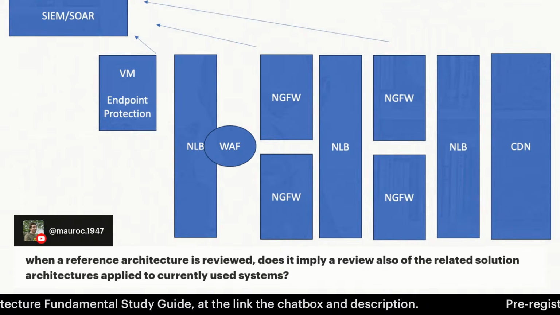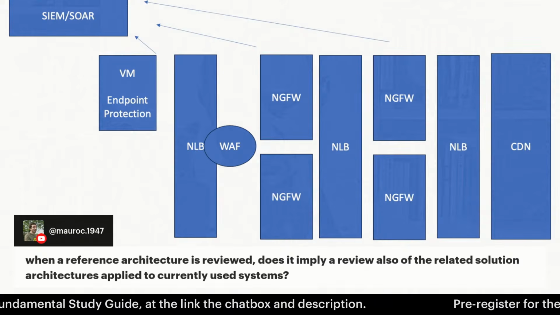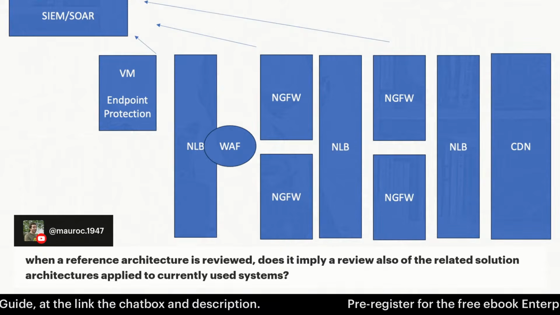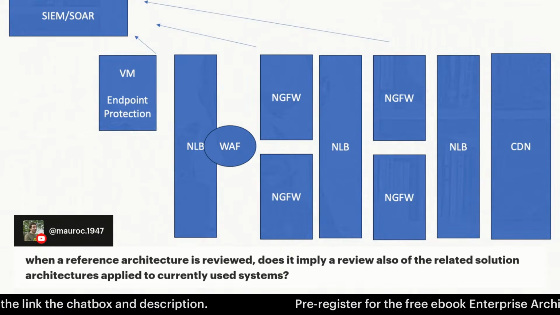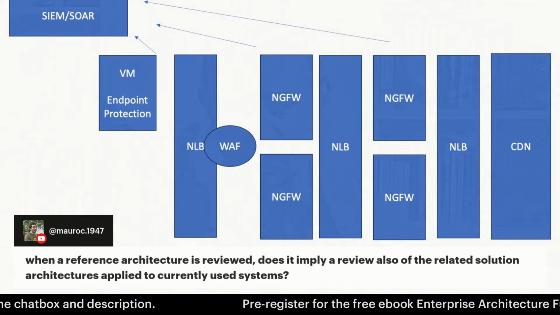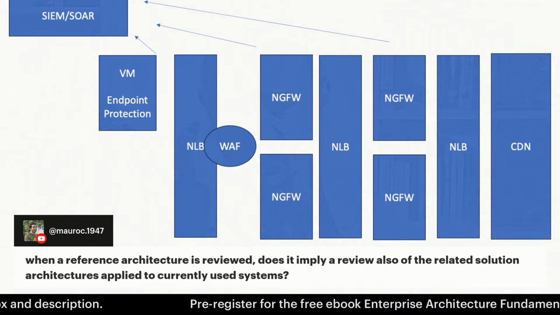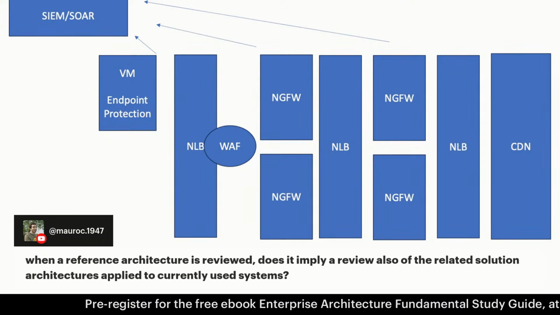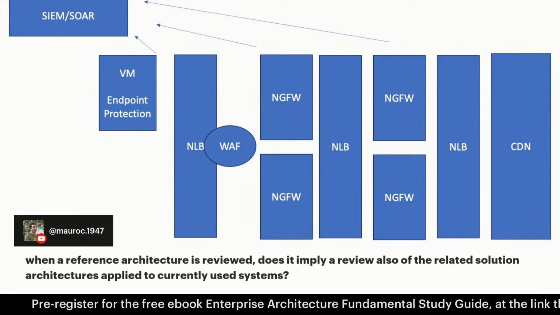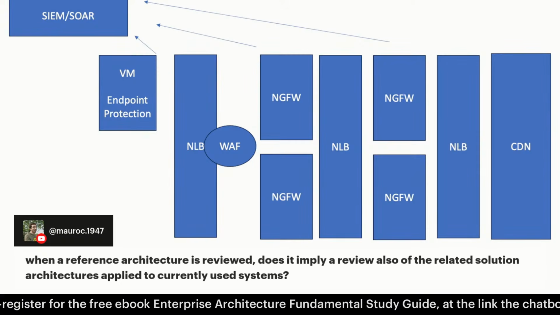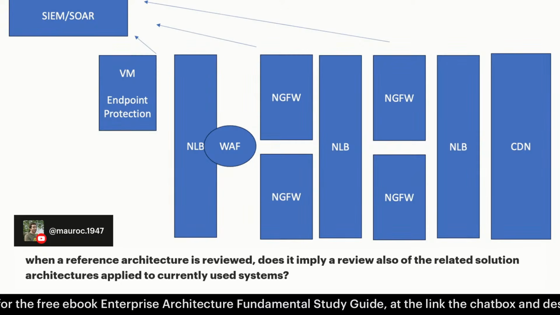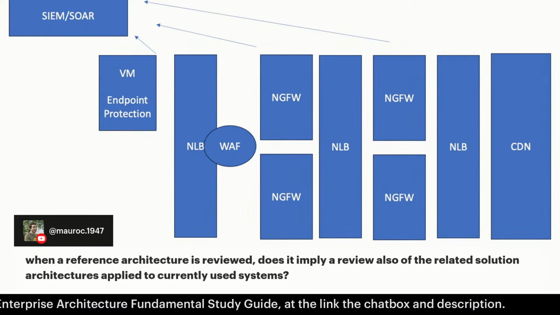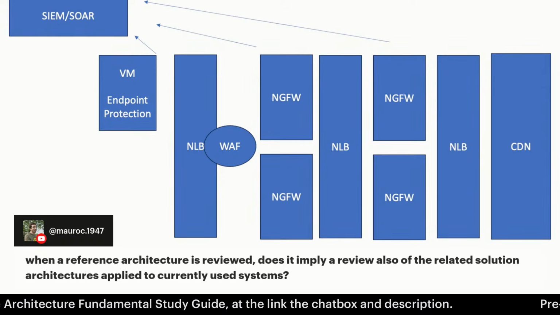On the load balancer itself, we typically put some kind of web application firewall. The virtual machines behind the firewalls will typically have endpoint protection, like a host-based firewall. For example, they'll typically have some anti-malware on there, maybe an EDR system. And then we're going to send all the logs to a SIEM system. So this is the new reference architecture pattern.